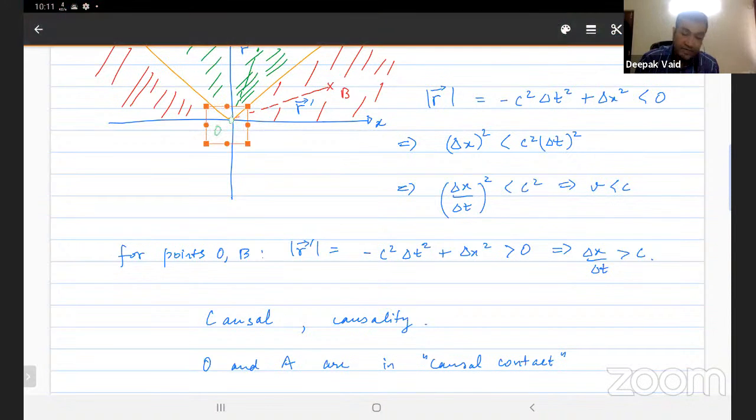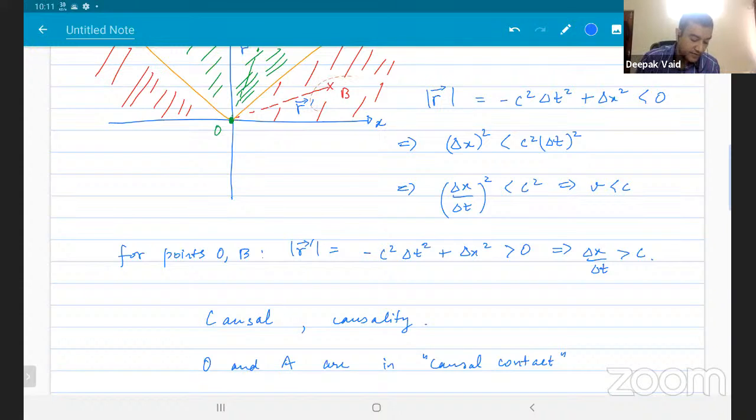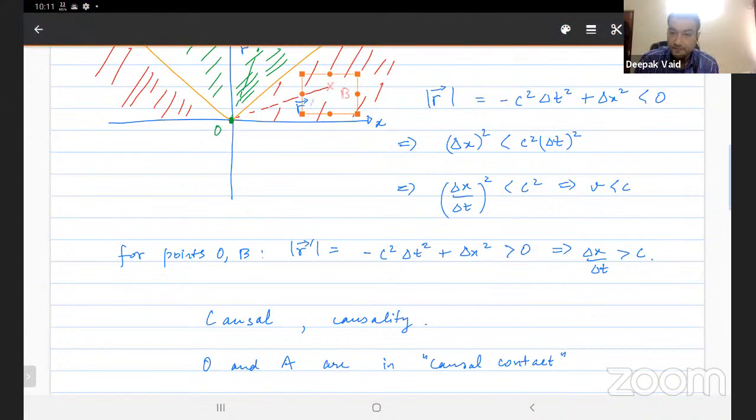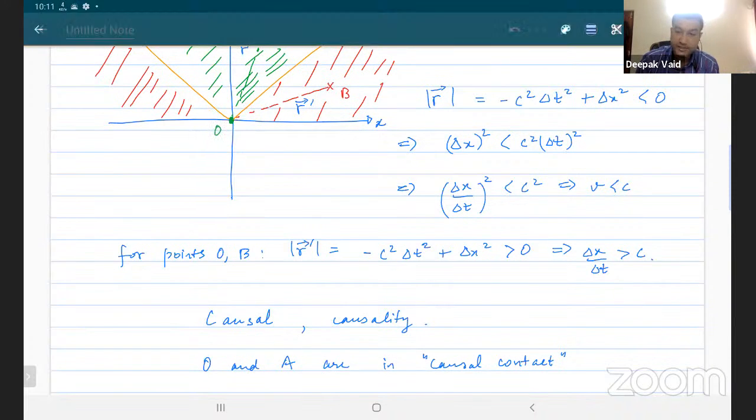The knowledge of that event at O will never reach the point B, because the maximum speed at which any information can travel out from O is the speed of light. But to go from O to B, your information needs to travel at a speed greater than the speed of light, right?